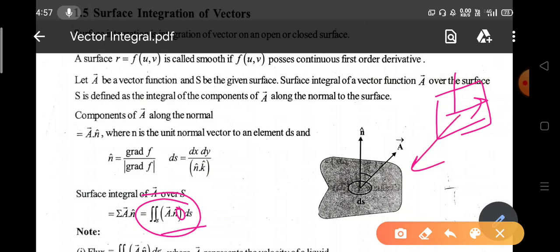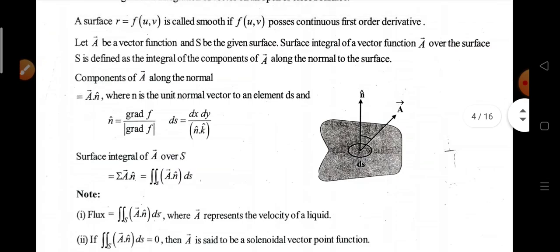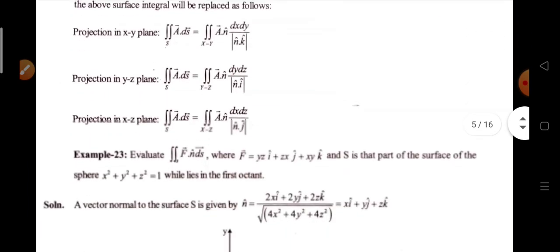Suppose the surface is within the yz plane, the direction will be along x cap. Suppose the surface is along the zx plane, the direction will be along y cap. This is the simplest thing that you can understand here. The perpendicular to the plane gives you the direction of the surface.